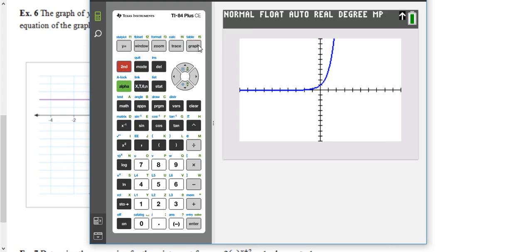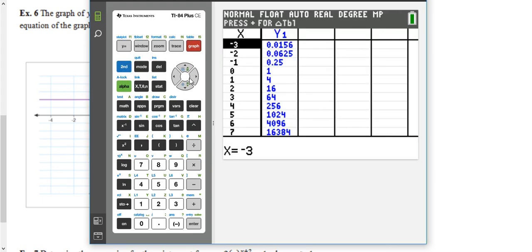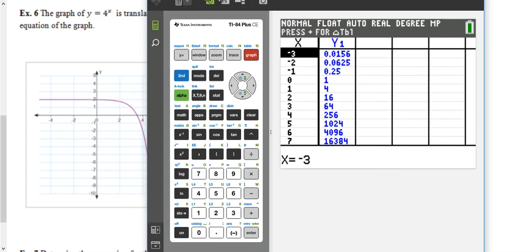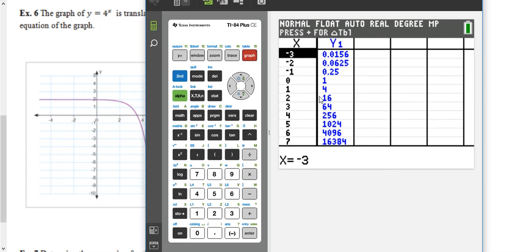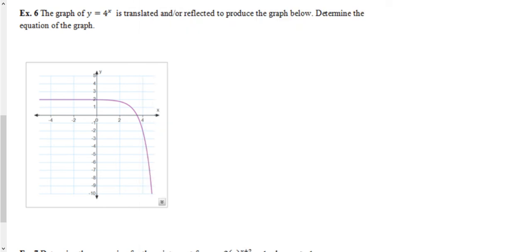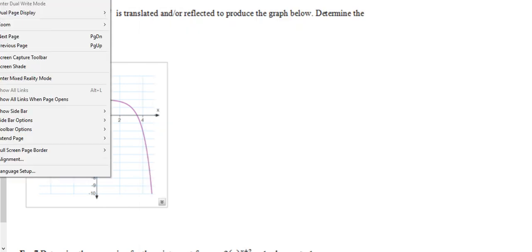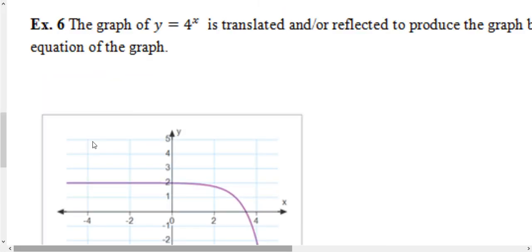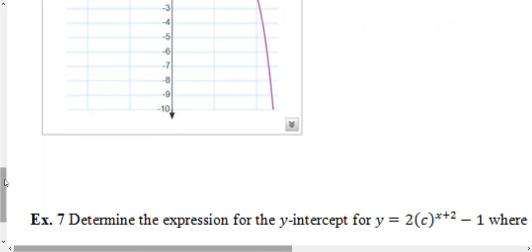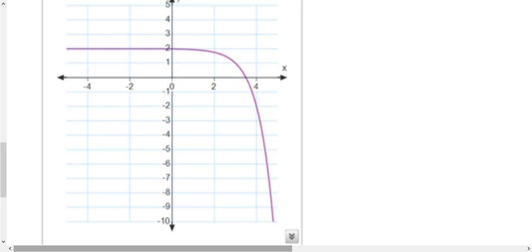So again, let's pull off some coordinates so that we can sketch our graph and compare. So we have (0, 1), (1, 4), and that's pretty much all that we can pull off. Negative 1, 1/4, we can definitely try our best to fit that in there as well. So again, I'm just going to zoom in so that I can graph this a bit better. So we have a coordinate dot at (0, 1).